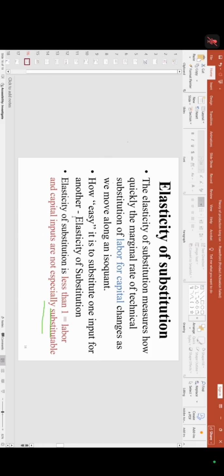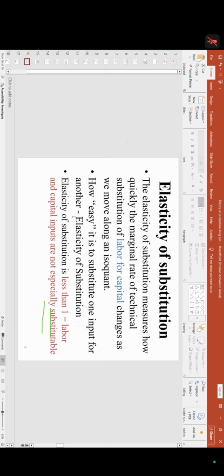When you are using 10 units of capital and you are thinking of increasing labor by one, you have to sacrifice that 10 capital, right? So with elasticity, you identify whether it is easy, or whether it is by a huge amount. How quickly can we substitute those things? Clear? If the elasticity of substitution is less than 1, labor and capital are not especially substitutable.